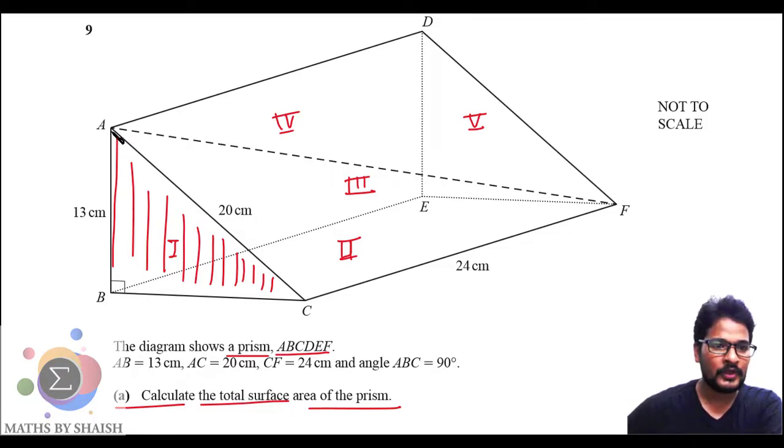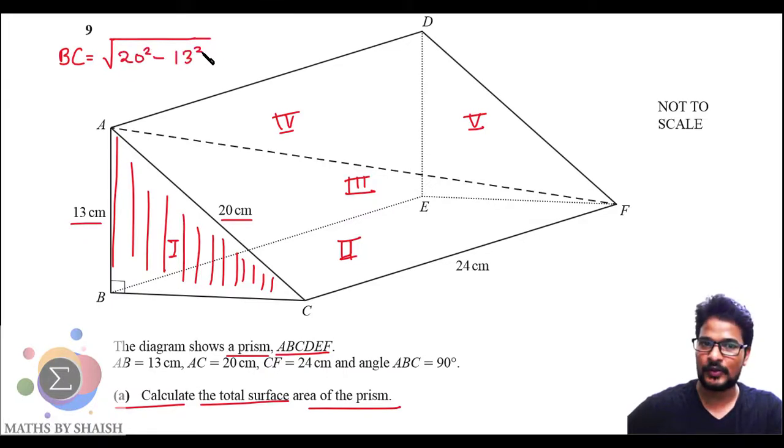Before that, we can see this is a right angle triangle, and in order to find the area we require the area of a triangle, and for that we require the base and height. So we have a right angle triangle, the hypotenuse is given, one side is given. So by Pythagoras theorem we can calculate BC. BC is the square root of the square of the hypotenuse, that is 20 squared, minus the square of another side, that is 13 squared.